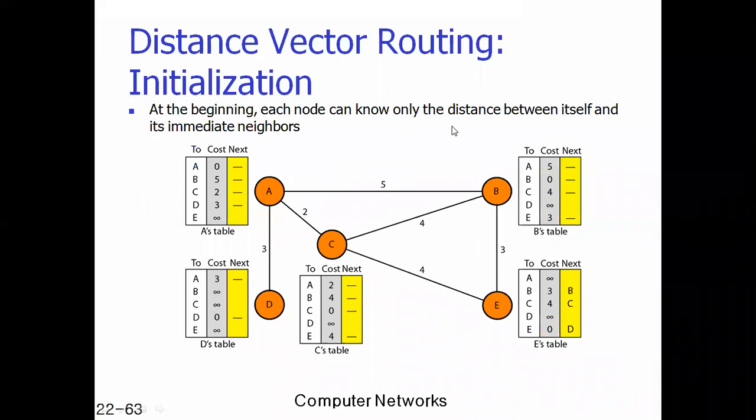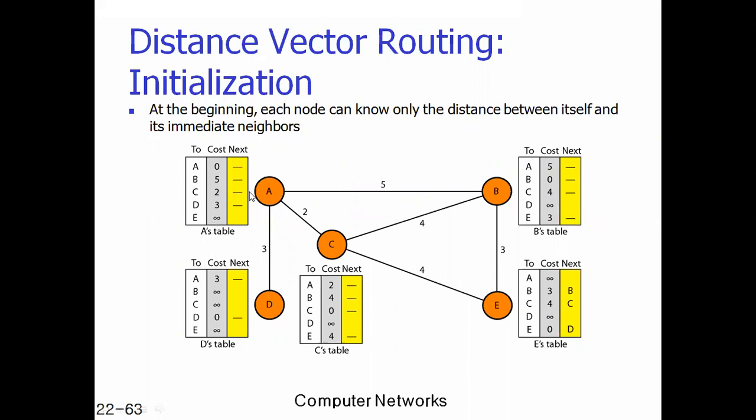For example, if a router is not working and you replace it, or you bring a new router and connect it into the network, at that time the router gets information only about itself and its immediate neighbors.